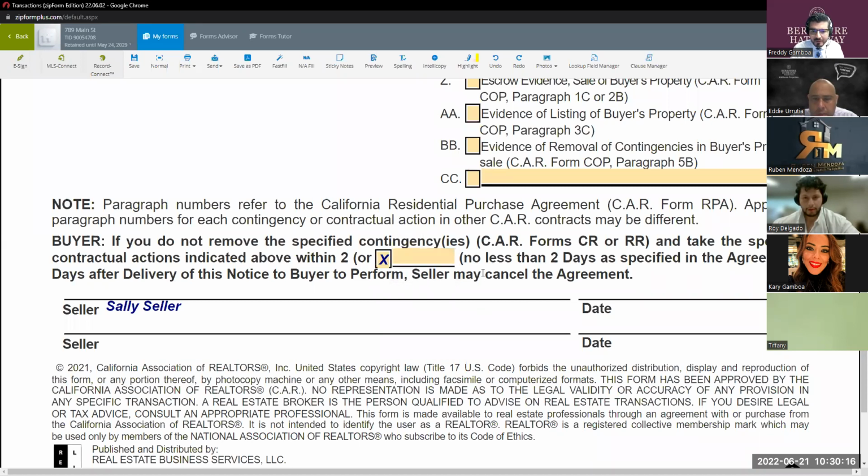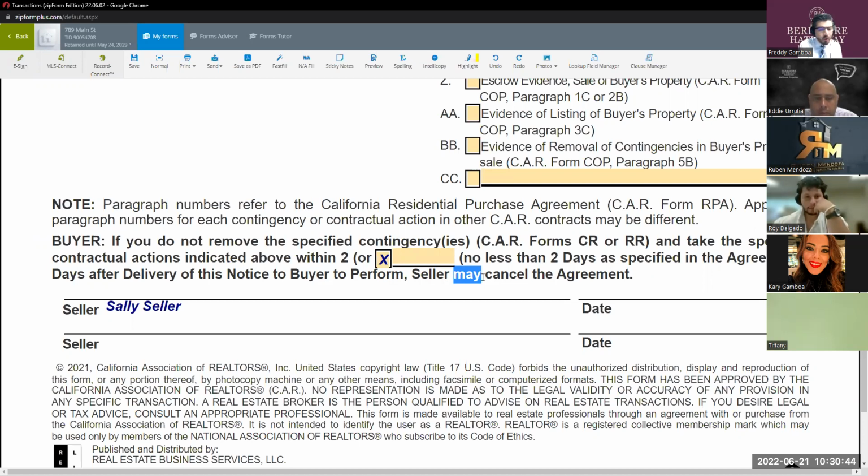No less than 2 days, or as specified in this agreement, after delivery of this notice to perform, the key word here is the seller may, okay? It's not will cancel, it's not going to cancel. The seller may cancel the agreement. So that word is key in our contracts. The seller may exercise their cancellation rights.